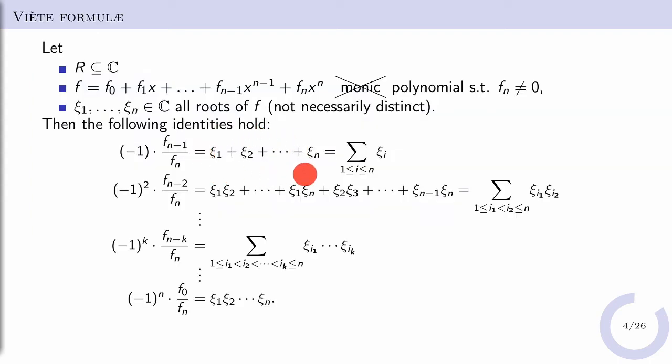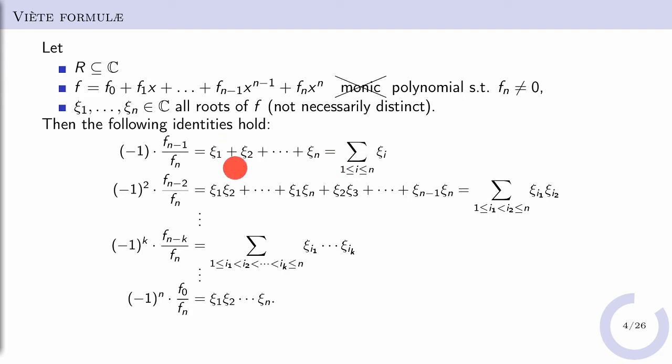Here we have the sum of all the roots. The arithmetic mean is the fraction, the sum over the number of elements. So if we divide this sum by n, then we get the arithmetic mean.